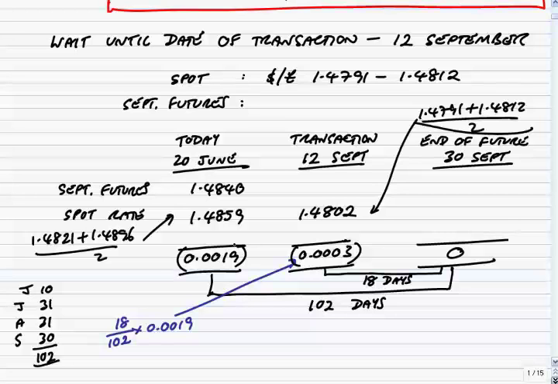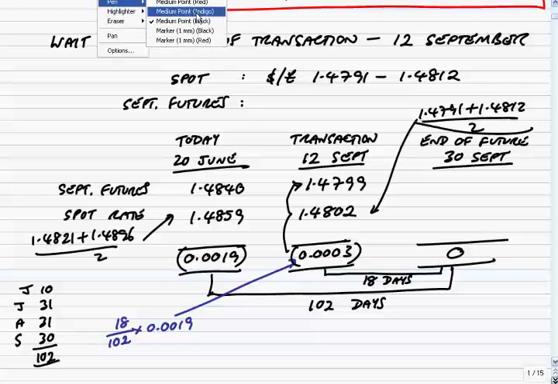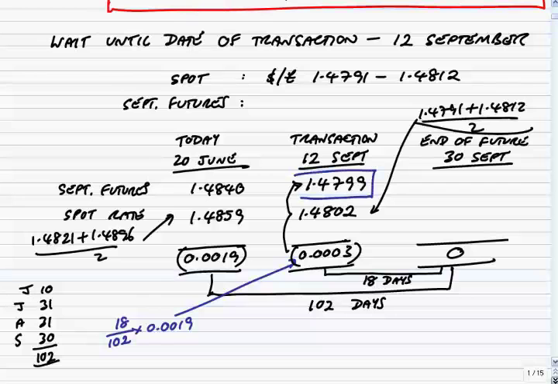Well, the futures price was below the spot rate by 19. Now it's down by only 3, which gives us an estimate of futures price of $1.4799. And so there we are.